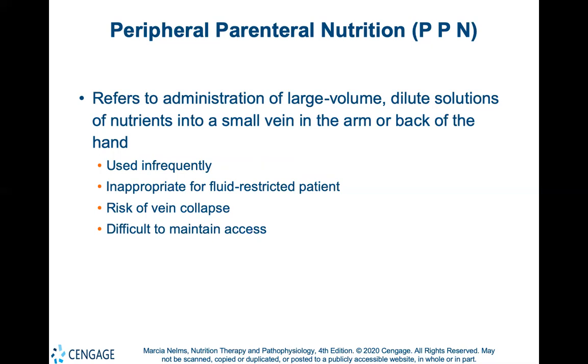The high osmolality of PPN may cause small veins to collapse, and peripheral access is difficult to maintain for more than a few days. The osmolality of the PPN solution should be confirmed to be less than 900 milliosmoles per liter prior to administration through a peripheral vein.